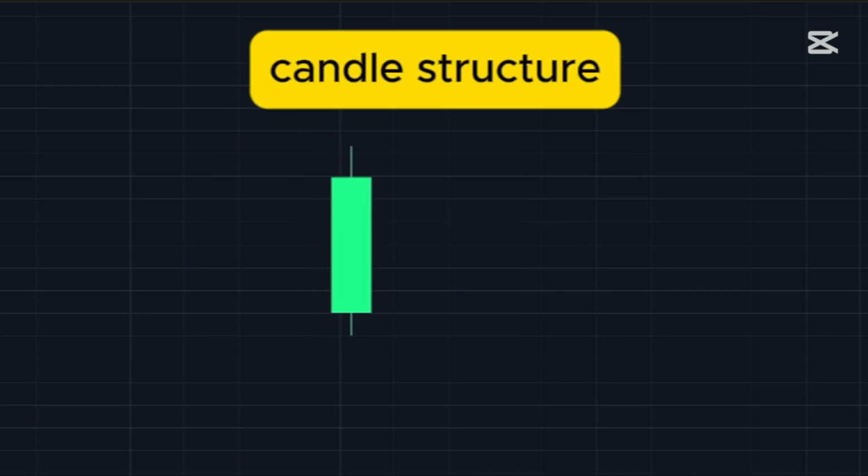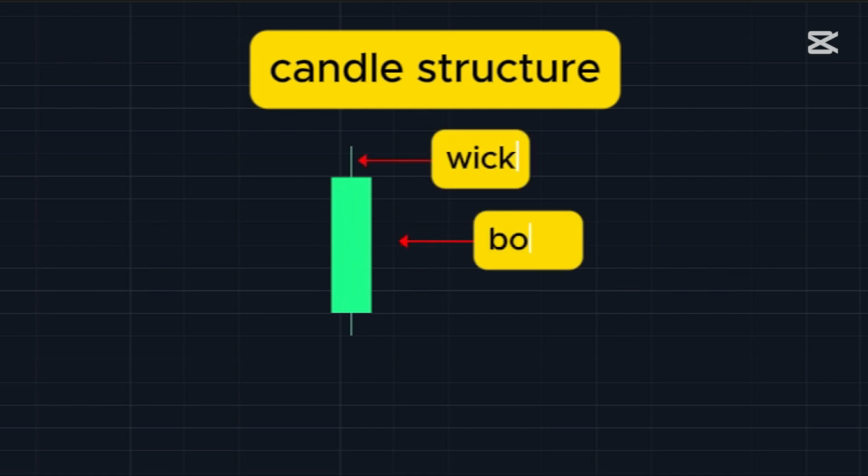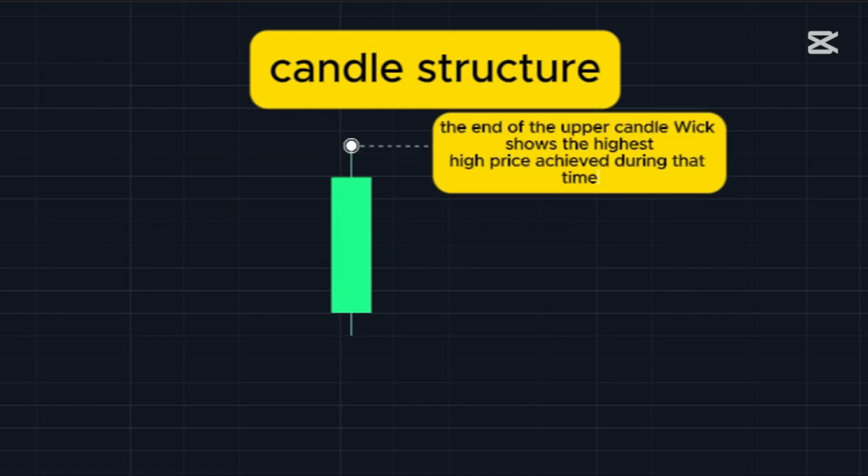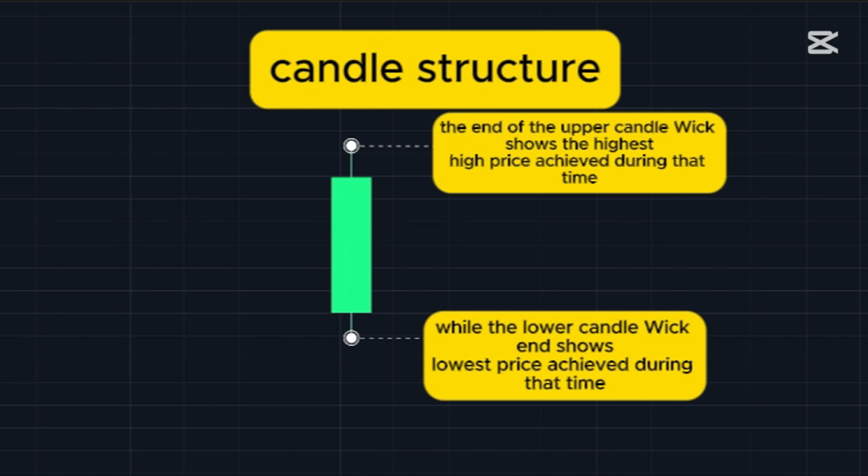A single candlestick consists of 2 parts: candle wicks, also known as shadows, and the body. The end of the upper candle wick shows the high price achieved during that time, while the lower candle wick end shows the lowest price achieved during that time.